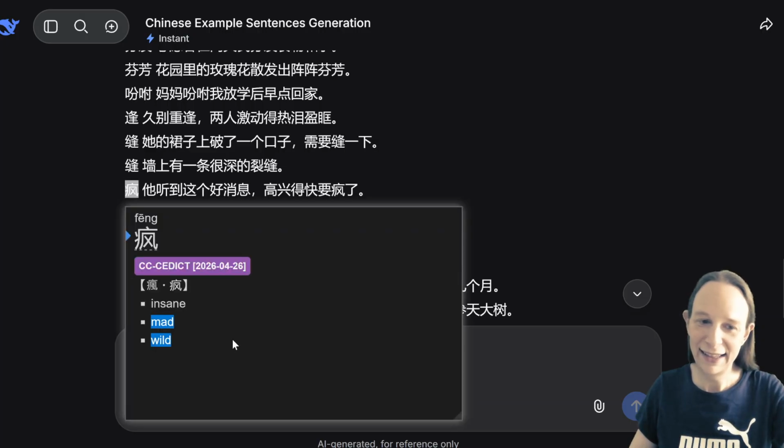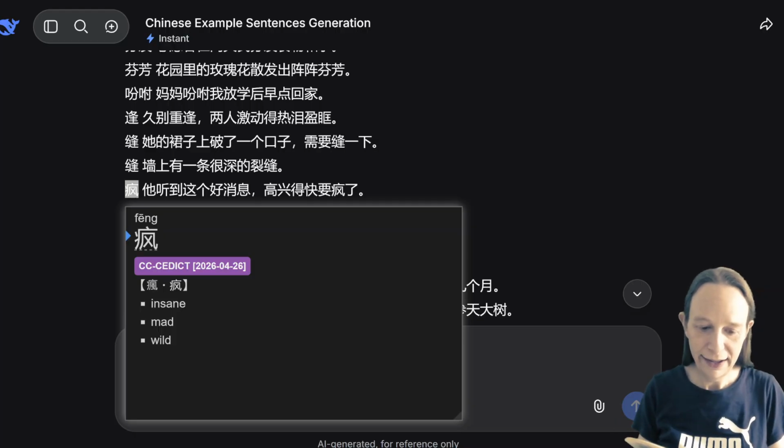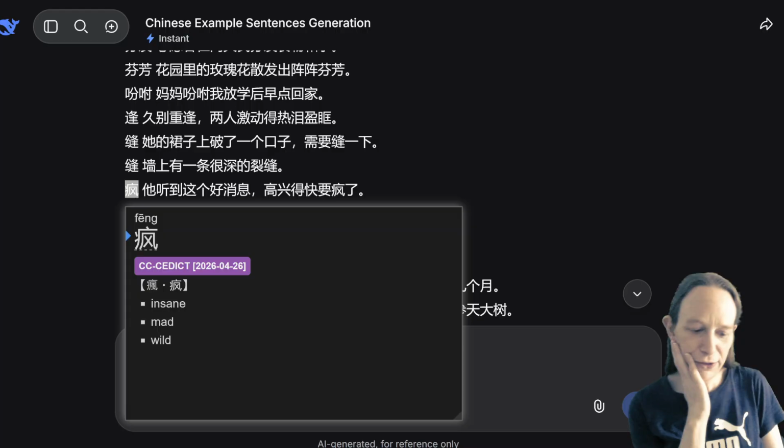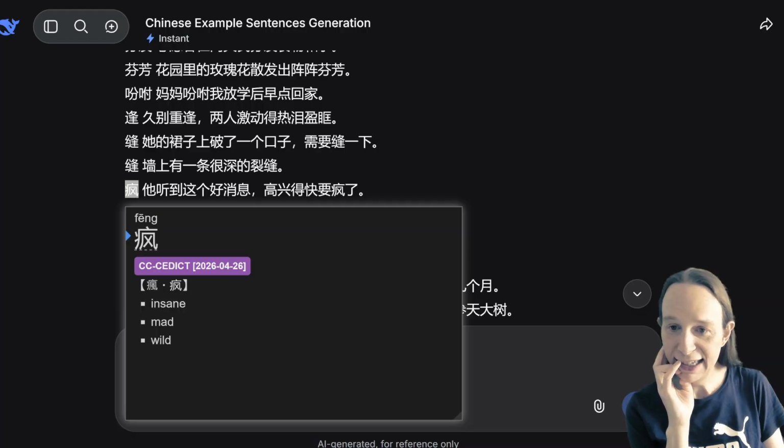There's not much else to say. There's only one definition, right? All right, I'm just looking at the dictionary. 疯. Okay, so 3 definitions. Actually, let's go through it because there's not that much. 疯, and we already know most of it. Okay, 神经错乱. So 神经 are nerves.